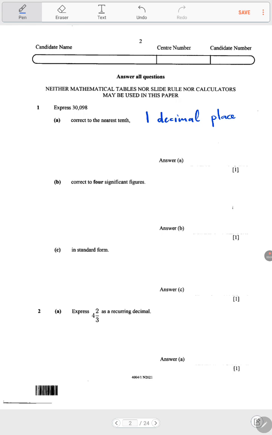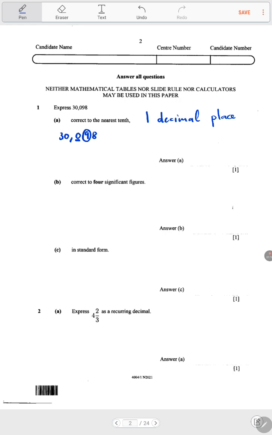So I'm just going to write 30,098. So to one decimal place, we are looking at this 0. Now you look at the digit after 0, which is 9, and that 9 is the one that determines whether you are rounding up or rounding down.